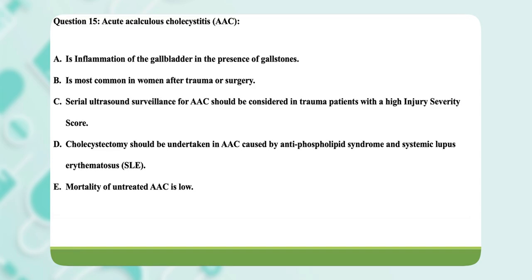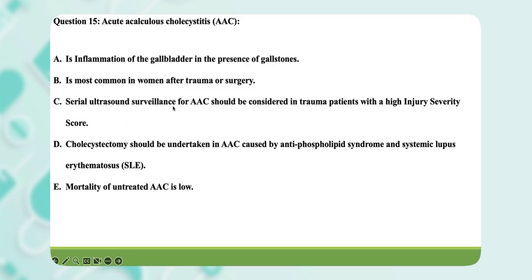Next, acute acalculous cholecystitis. Cholecystitis is inflammation of the gallbladder, usually in the presence of gallstones. Acute acalculous cholecystitis is inflammation of the gallbladder in patients without gallstones. It is most common in men after trauma or surgery.